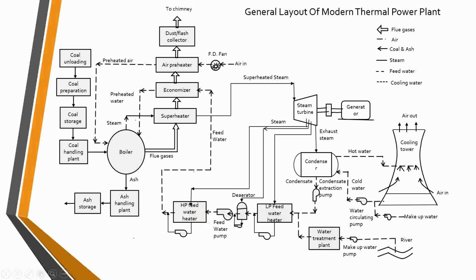It will again increase the temperature of the water, and then it is supplied to the economizer. The economizer will heat up the water enough, and it will start converting water into steam partially. Then this water will be supplied to the boiler. The boiler will again increase the temperature of the water and convert the whole water into wet steam, and again it's supplied to the superheater, and that's how the cycle runs continuously.